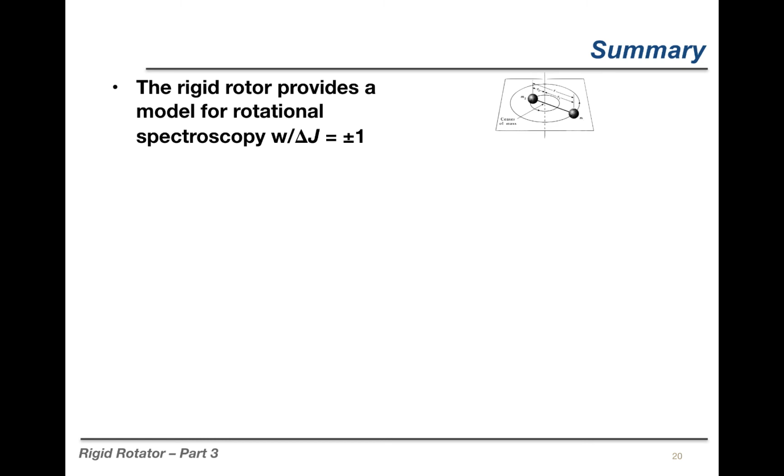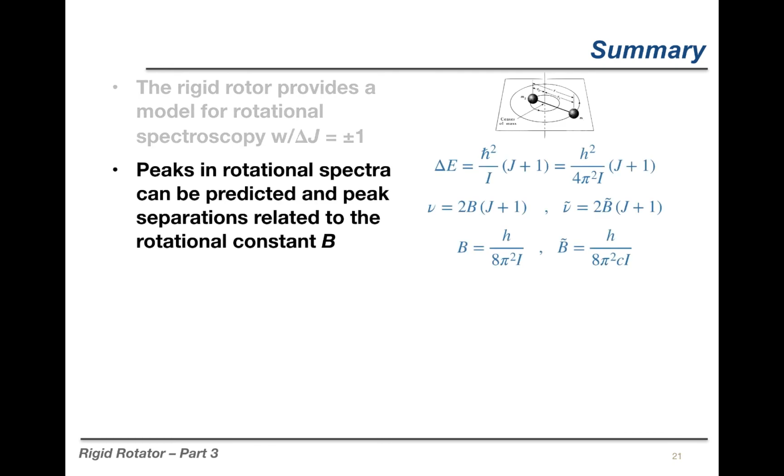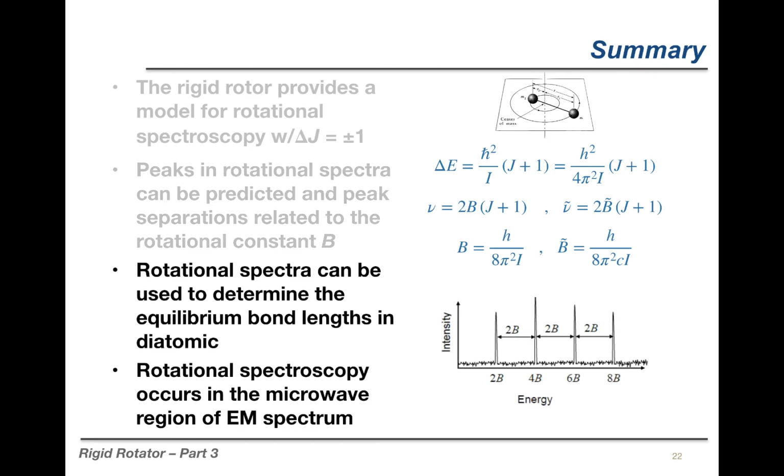Summarizing what we've discussed in this video, we've seen that the rigid rotor provides a model for rotational spectroscopy, with delta J equal to plus or minus 1. We've used that selection rule to derive a series of expressions that predict how rotational spectral peaks can be related to a term called the rotational constant B. We then saw how a rotational spectrum can be used to measure separation between peaks to determine equilibrium bond lengths.